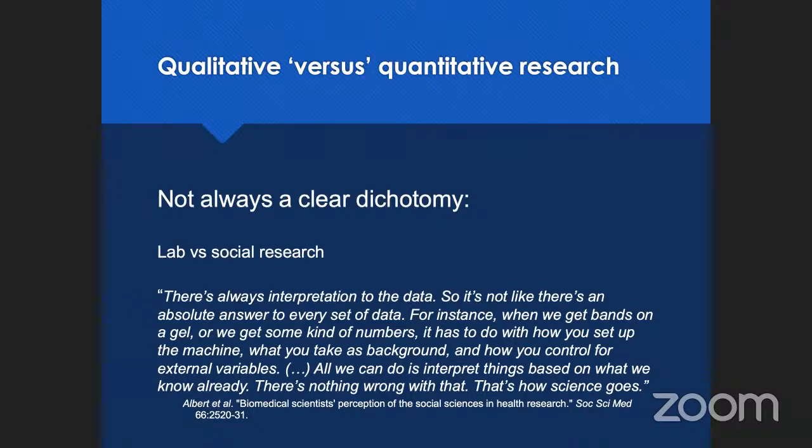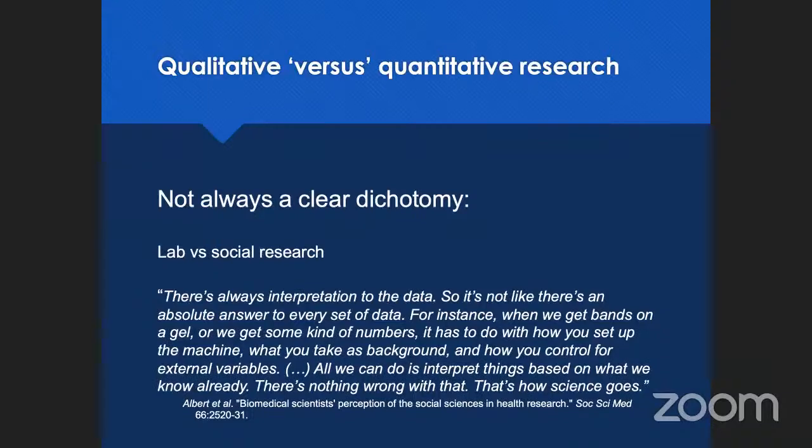So, qualitative research is not always clearly distinguishable from quantitative research. An example of that is laboratory data versus social or public involvement research with an interview. Accordingly, there is always interpretation of the data.